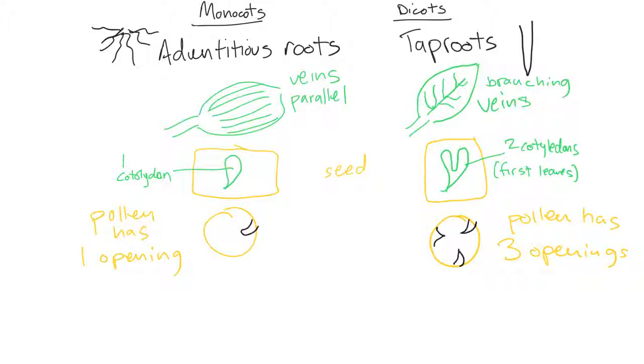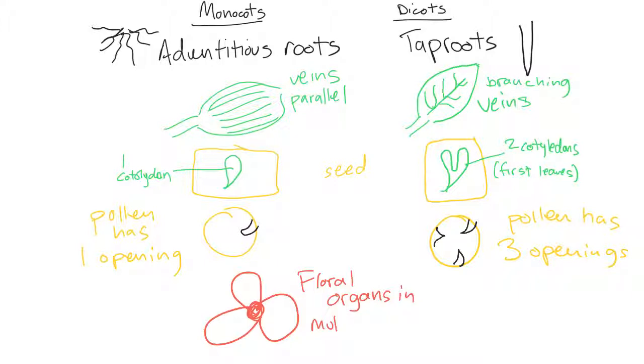Okay, and the last one we'll put on here, there's actually a lot more, but this is all we're going to do. In monocots, the floral organs are in multiples of 3. So they'll have 3 leaves or 3 stamen, or 6 or 9.